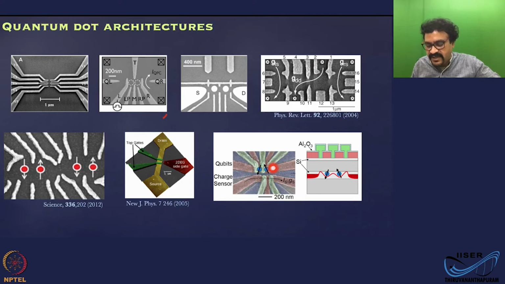So you have two channels nearby. This channel will host the qubit and this channel will host the sensor. So you can detect the charges here by observing the current through this channel. This is a slightly larger dot because you are measuring current through it, but these are smaller dots because those are the hosts for the qubit, where the electrons are stuck pretty much. So this is the latest trend in terms of design.